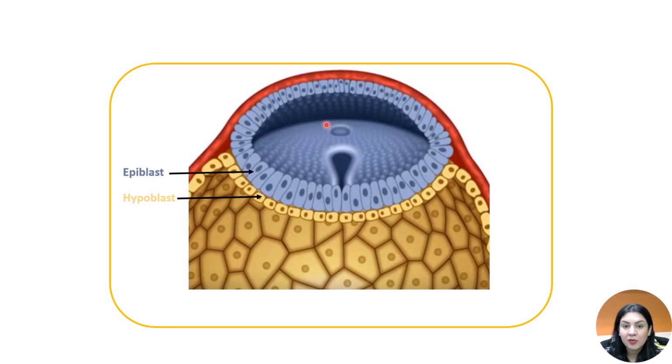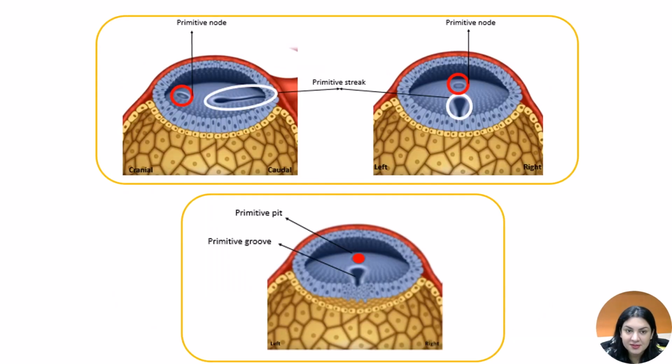If you remember, during gastrulation, this bilaminar disc starts to differentiate to establish 3 primary germ layers. So it becomes a trilaminar disc. Those 3 layers are, of course, the endoderm germ layer, the mesoderm germ layer, and the ectoderm germ layer. And that is the main event of the 3rd week of development.